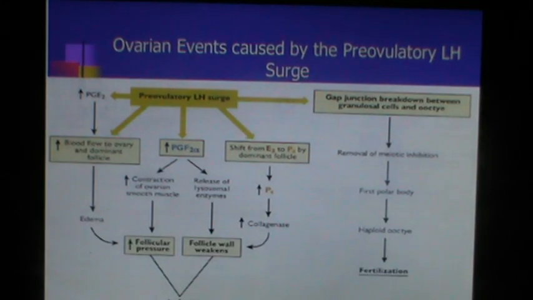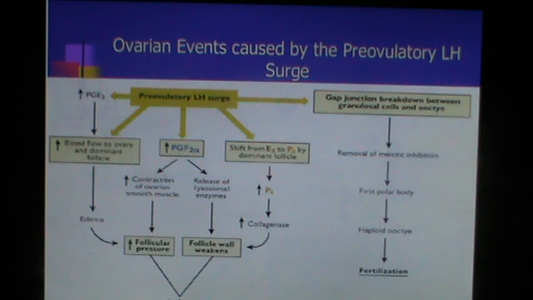Now, it is pertinent to understand the ovarian events caused by the pre-ovulatory LH surge. The pre-ovulatory LH surge causes an increase in PGE2, which causes increased blood flow to the ovary and the dominant follicle. Then there is an increase in prostaglandin F2 alpha.